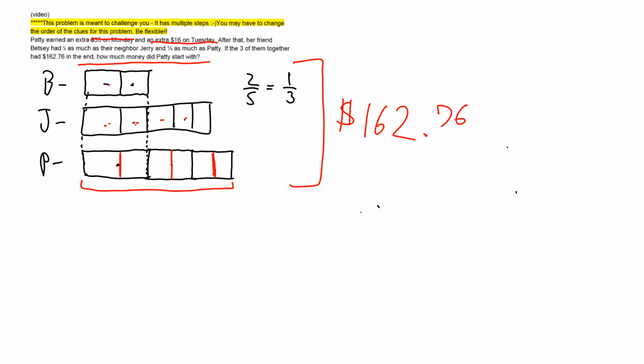We're really looking at it like this: question mark, that's how much money she started with, plus $35, plus 16. So again, we really can't assign that 35 and the 16 to a specific unit or units.